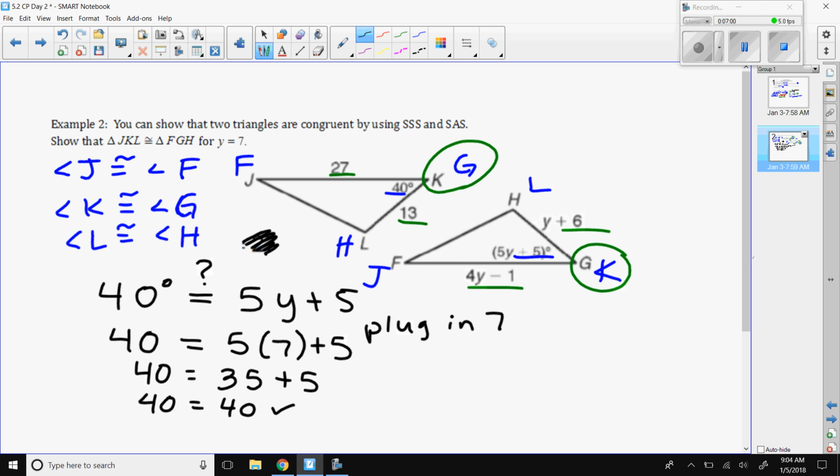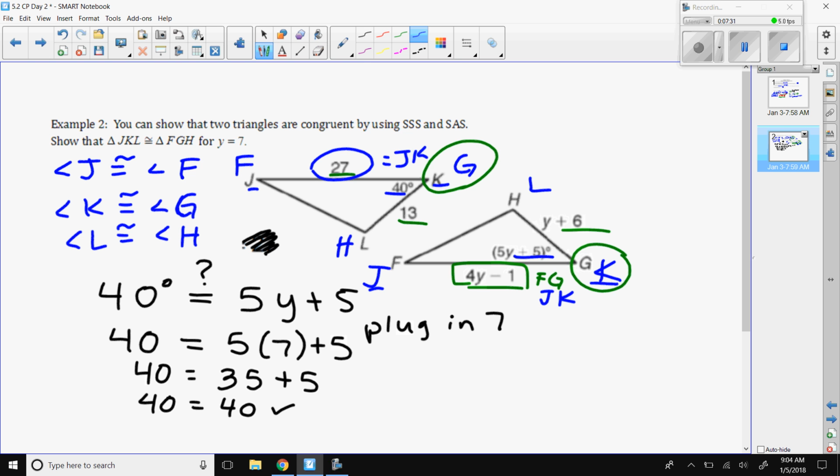I also see that this length right here, I'm just going to do one more, this length that I have here, 4y minus 1, this is really FG, but I know that FG is also JK. So if I look up here, I see that I have JK, and that value here is 27.